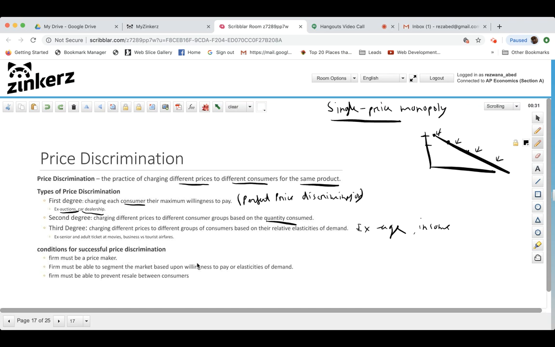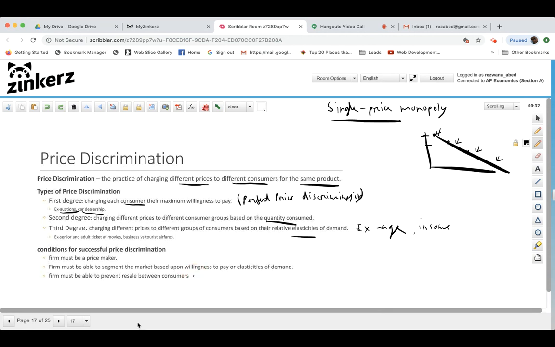Okay. And they're also going to have to find some way to segment those people. You're going to either have to find out what people's willingness to pay is, or you're going to have to be able to divide them into groups based on their elasticities of demand. And also you're going to have to prevent resale between consumers.